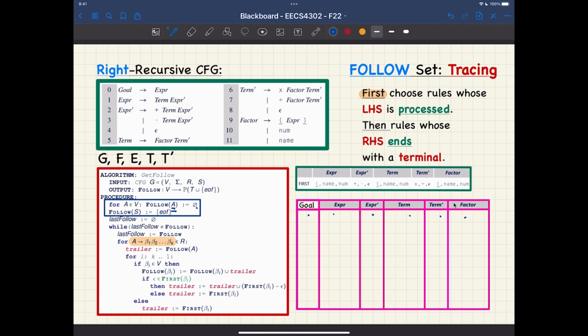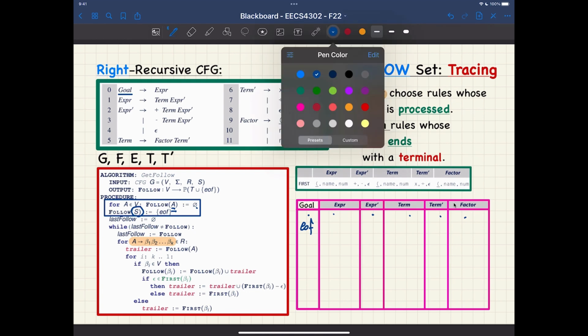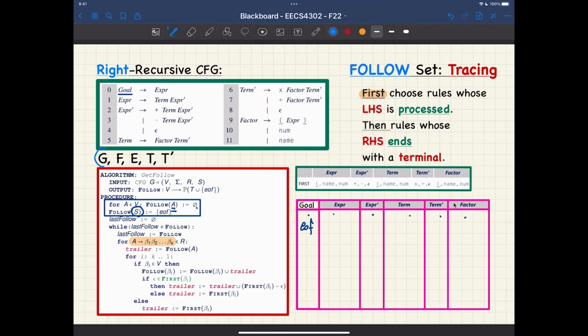And then the follow of the start variable, which is go, is actually just going to be EOF. That's what we start with. Important. That's a starting point, right? And then we're actually going to go variable by variable. Of course, for every variable, we'll also go production by production. Let's follow this particular order. The first one, let's say the go. All right? So we're going to look at this particular production.